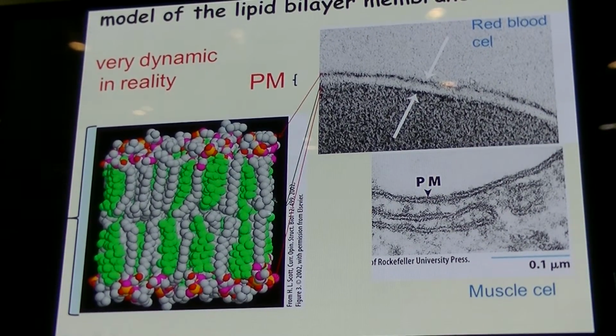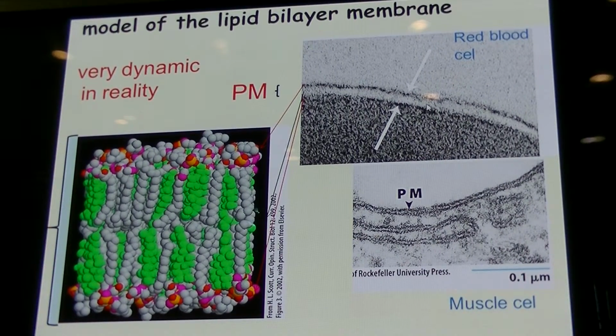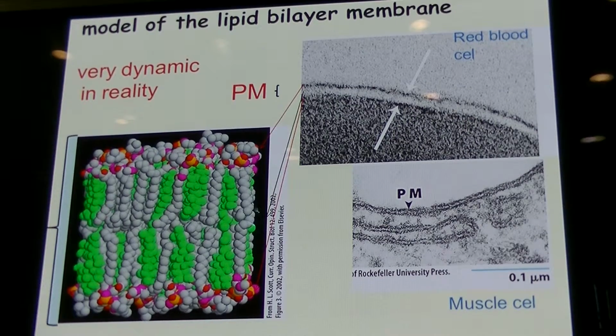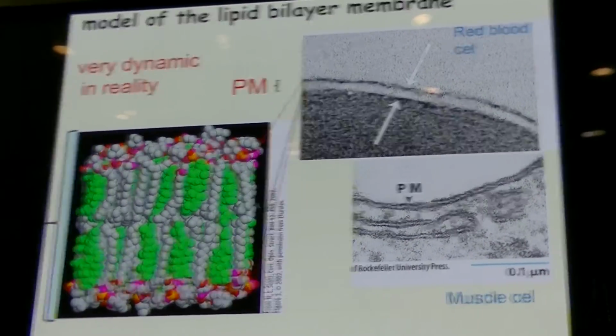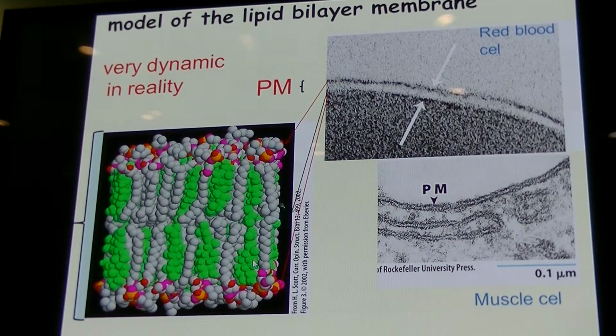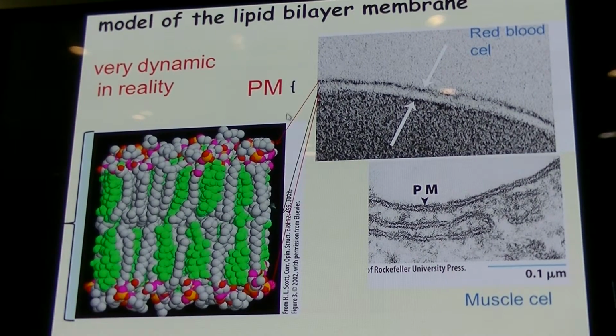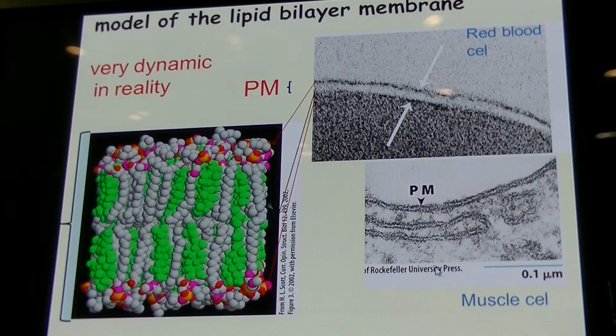You can also see here in this thin section, at high magnification, the two polar head group regions, which bind the staining heavy metal that's used in this case. And in between we see the fatty acid layers, which do not pick up that stain. So blow that up, and you get this type of structure: head group, head group, head group, head group, and in between the fatty acid layer. And you see that in another membrane as well.